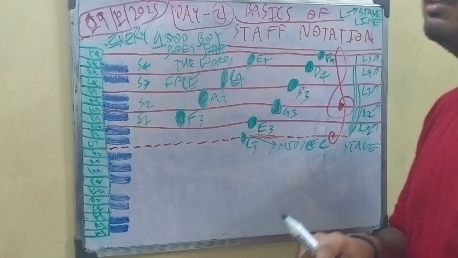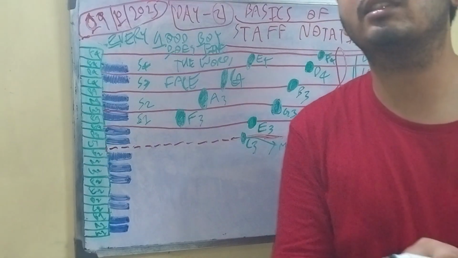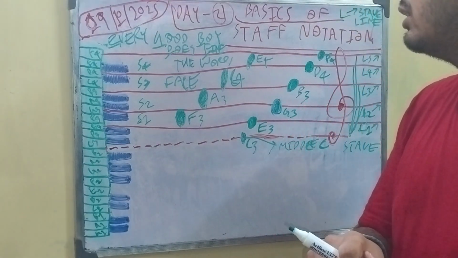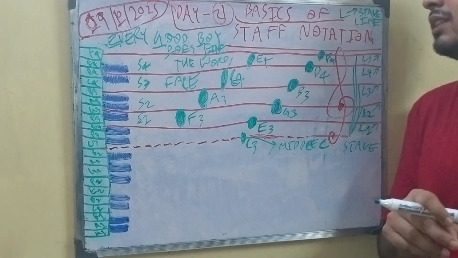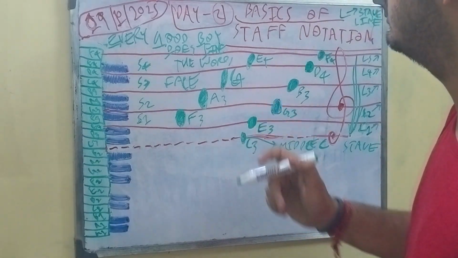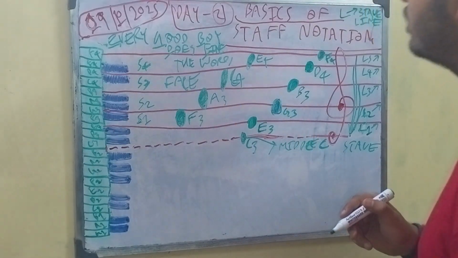Rhyming words differ only in the first letter, the rest is the same. So face, ACE is the same. Similarly space, the remaining three letters ACE are the same. The spaces of the treble clef equal FACE: F3, A3, C4, E4.